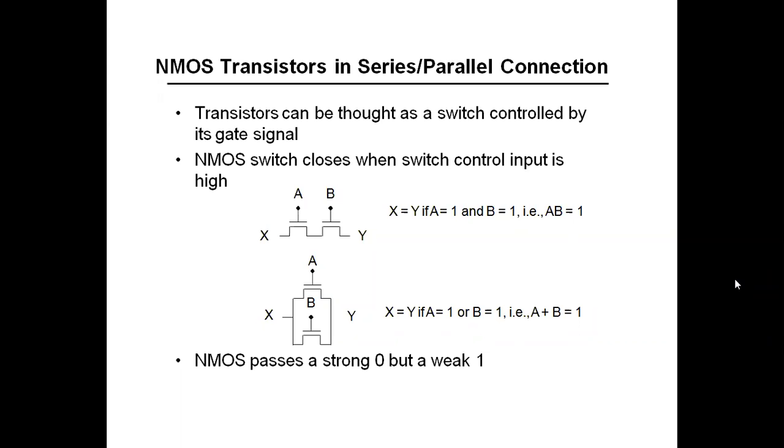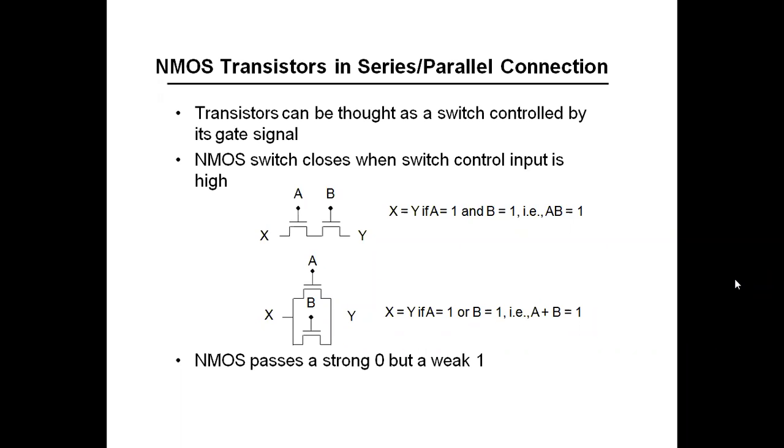So this NMOS switch closes when the switch control input is high. That means if you provide a high input to the gate, the switch is on, it is in conduction mode. And when you apply zero voltage, that means you connect the gate to zero, then nothing will happen. It will act as an open switch or disconnected circuit, right?